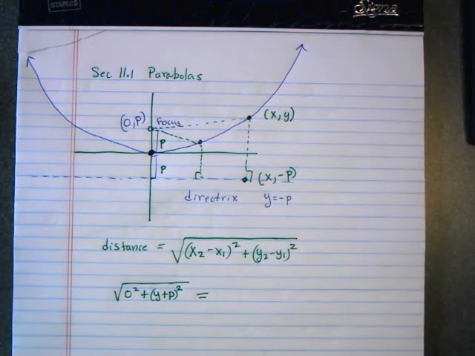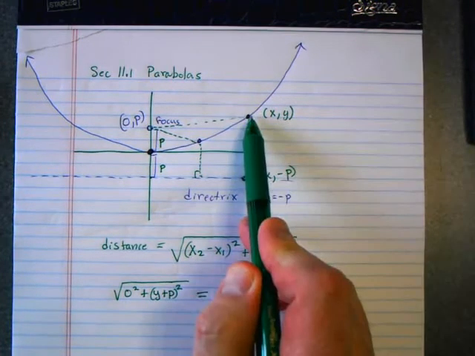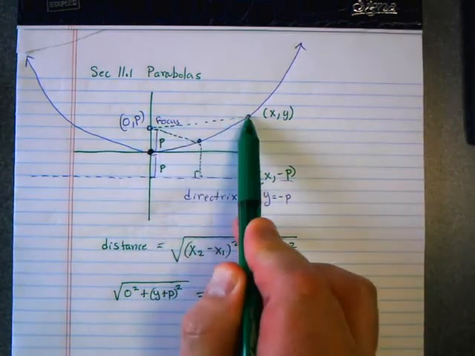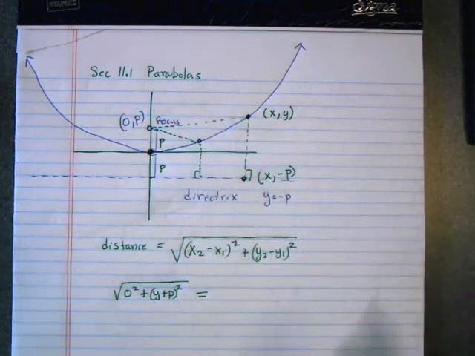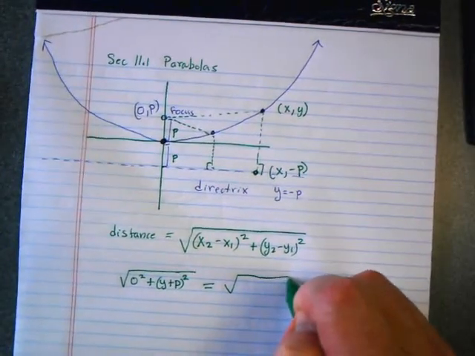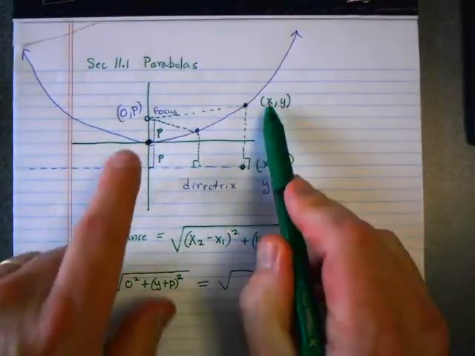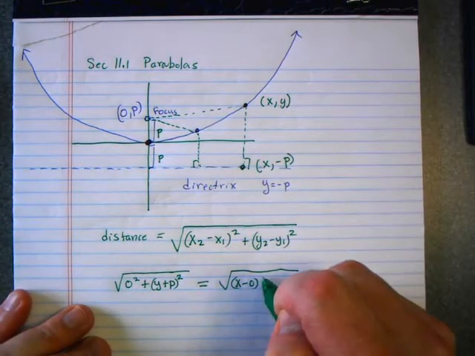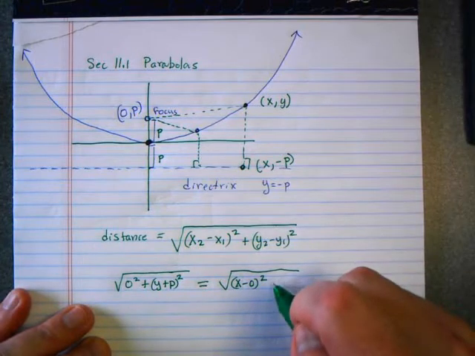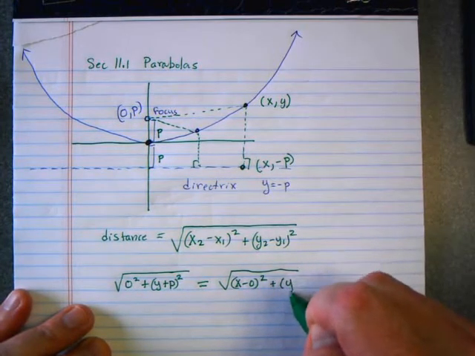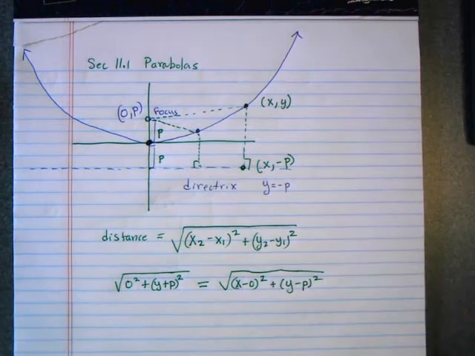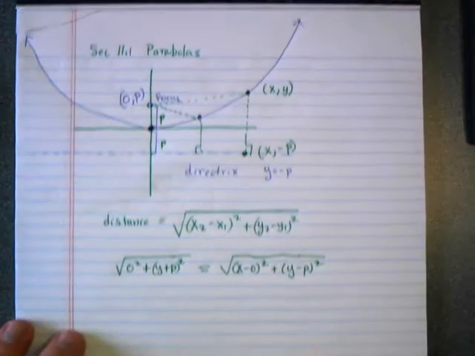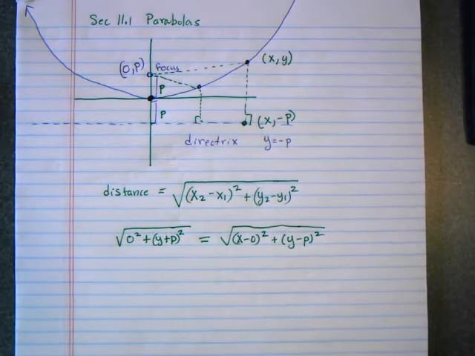All right, so that distance has to be exactly the same as this distance. Well, this distance is square root of, I subtract the x numbers. That's (x minus 0) squared plus (y minus p) squared. All right, big mess. We're going to simplify it though. How can we simplify?